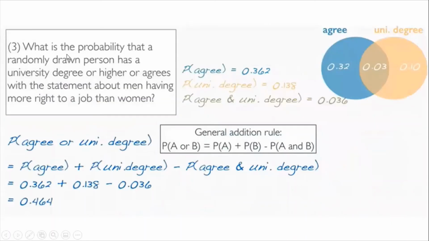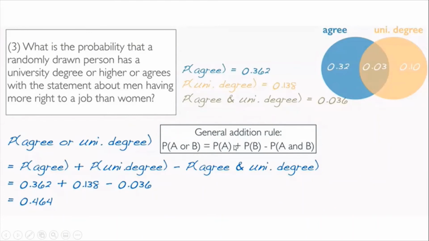Then for question 3: what is the probability that a randomly drawn person has a university degree or higher, or agrees with the statement about men having more right to a job than women? So this is the probability of university degree or agreement, so we use the general addition rule.